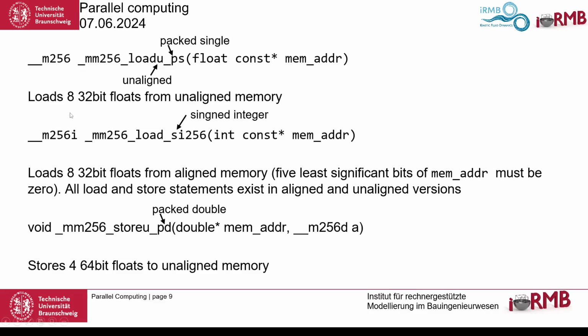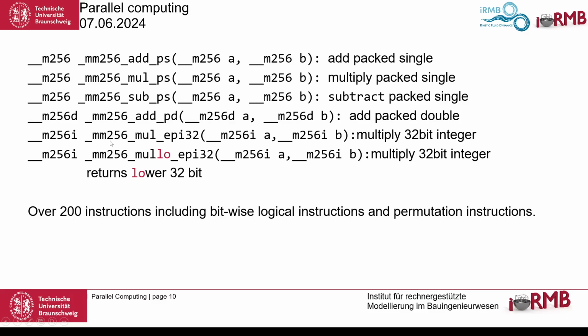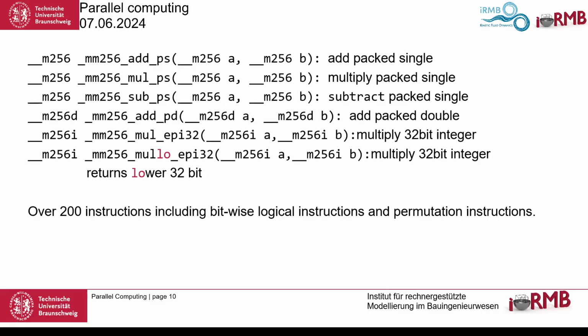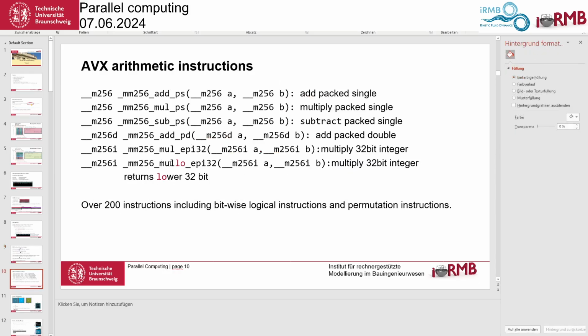So it's not really important whether there's an i or not, but technically there should be an i here. So load integers from a const memory address. This loads 8 32-bit floats from aligned, not floats, oh god.